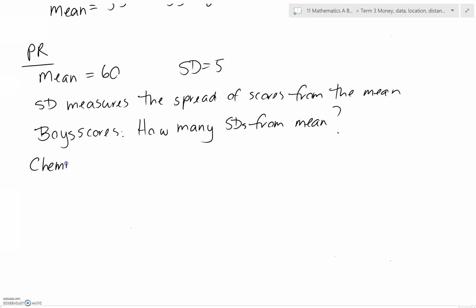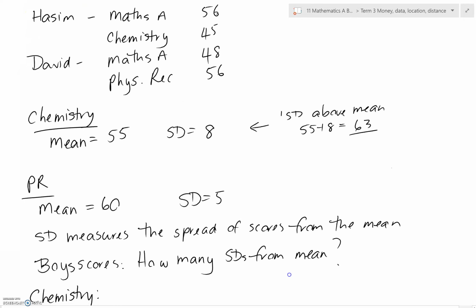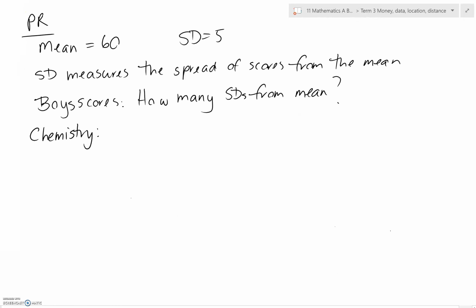So, I mean, we can directly measure the Maths A marks, definitely, but Chemistry and Physical Recreation, we can't do that. So in Chemistry, Haseem is 10 marks below the mean. How did I calculate that?